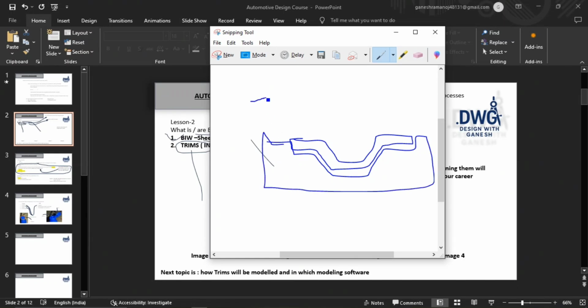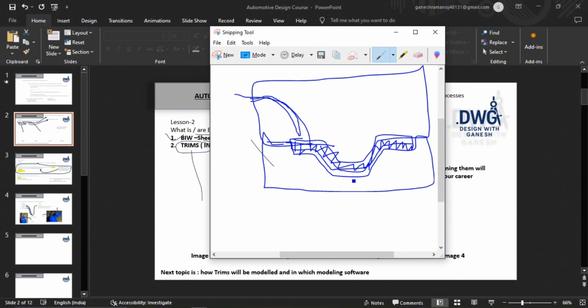Whenever you are pouring a liquid or molten plastic material inside this, there will be another part which we call the cavity. In that cavity we pour the molten plastic material, and after solidifying we can take it out from the core, so we get our plastic part. This is the general working principle of the injection molding process.